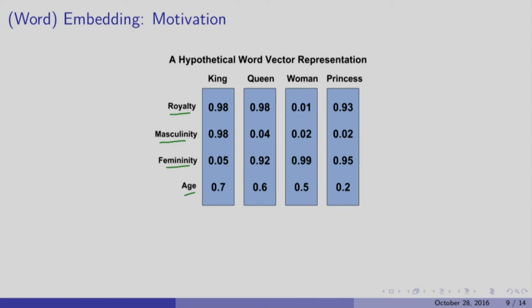Princess, on the other hand, scores well on the first and third dimension, but poorly even on the fourth dimension. A woman, on the other hand, is just scoring well on the third dimension and nothing significant on the first and second. Woman could be ambiguous, could be grown up, or could be young.